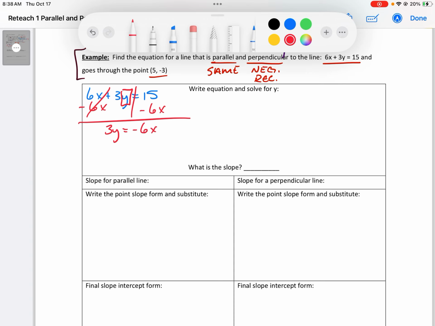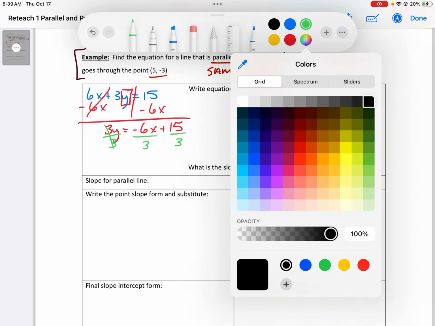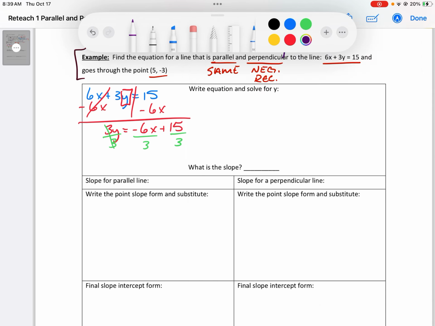And since those are unlike terms, I'm just going to have a negative 6x, and I still have my positive 15 that I started with. I'm still trying to isolate the y, and so I also have to get rid of this 3. And when I divide that by 3, I also have to divide every other figure in the equation by 3. So that leaves my y isolated, and negative 6 over 3 is negative 2, and 15 over 3 is 5.